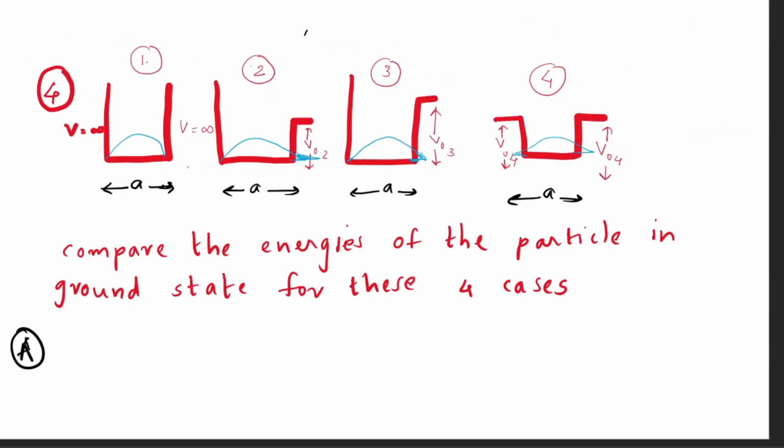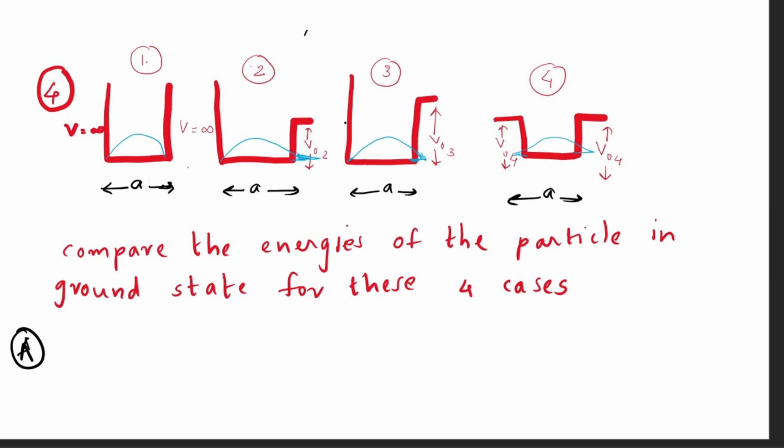The next question asked is like this, fourth question. We are asked to consider 4 cases of a particle in a potential box. First one is the infinite potential case. Second one is, left side is infinite and on the right side there is a finite potential V02.